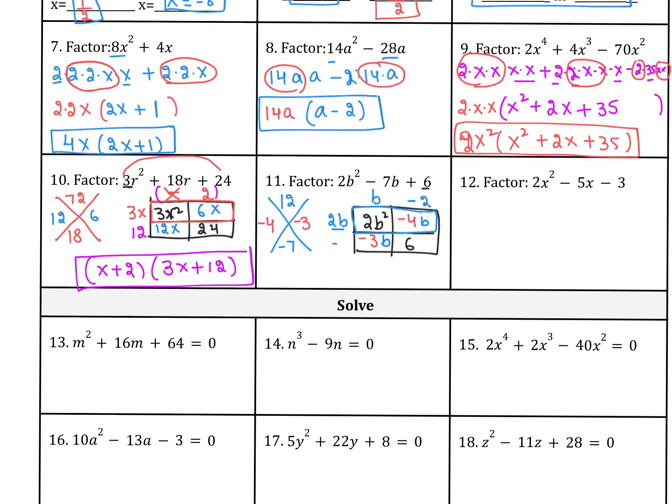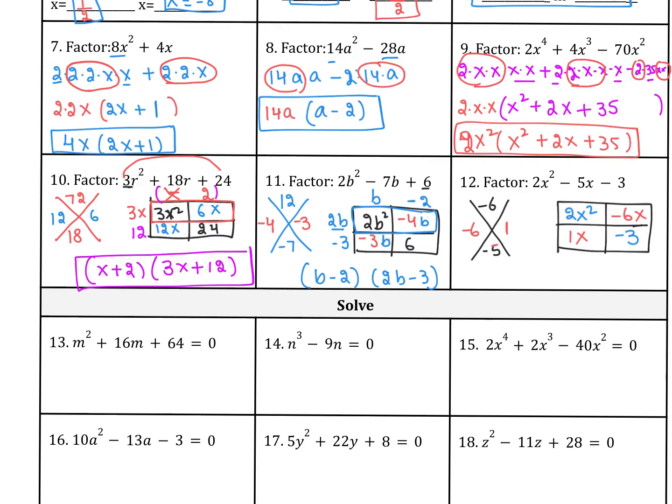This number on the bottom should be -3. -3 times b is -3b, and -3 times -2 is +6. The two factors are going to be b minus 2 times 2b minus 3.